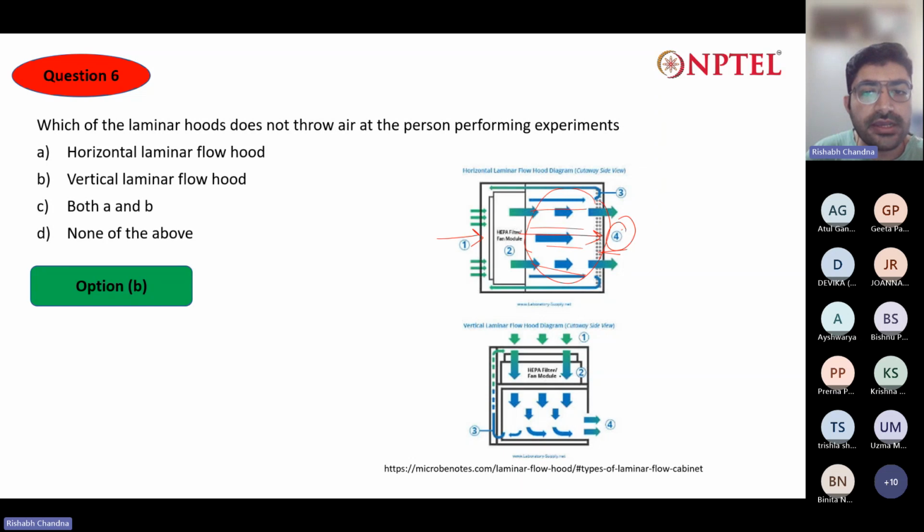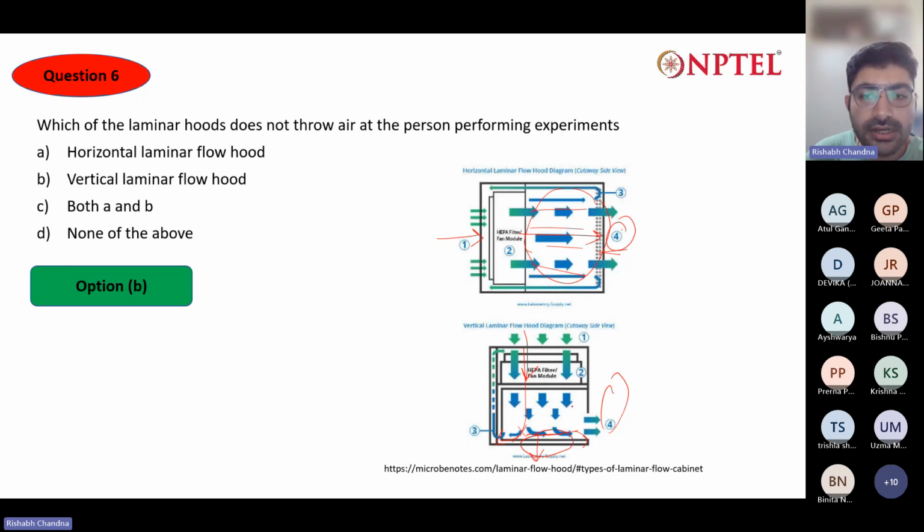But in the case of a vertical laminar flow hood, what will happen? Here, the person will be sitting and doing the experiment, and from above, the air will pass and maintain a laminar flow, and it will be released from the back end or the downpour. So there will be some system to release the air from below.